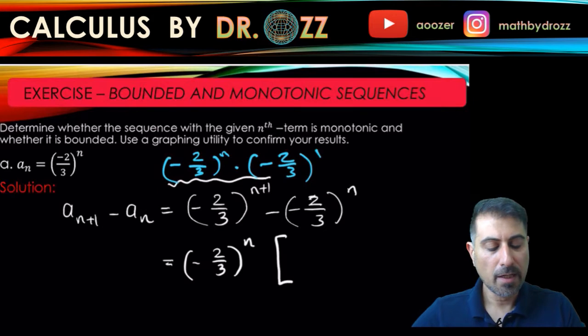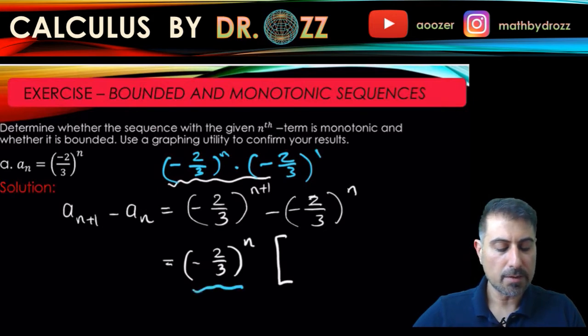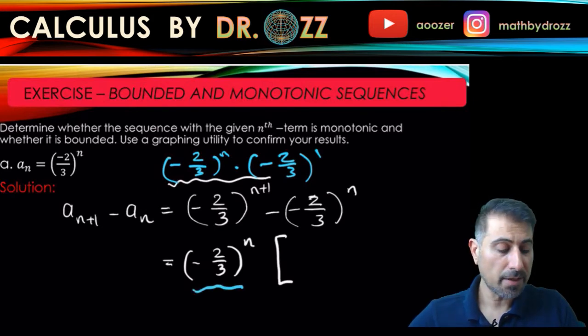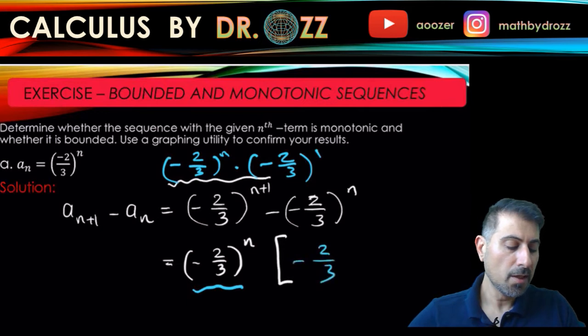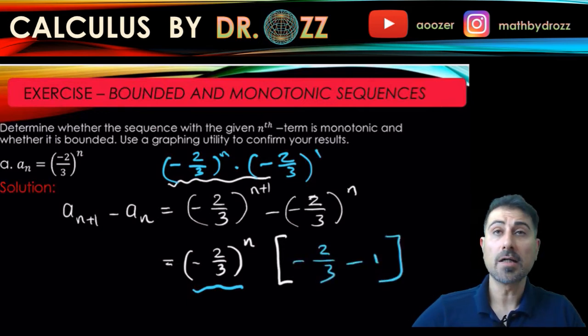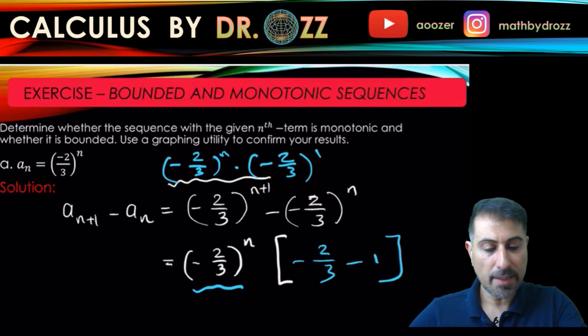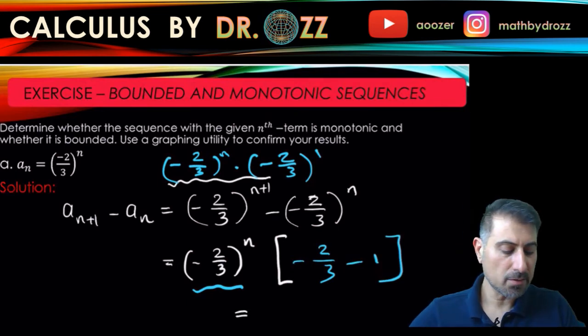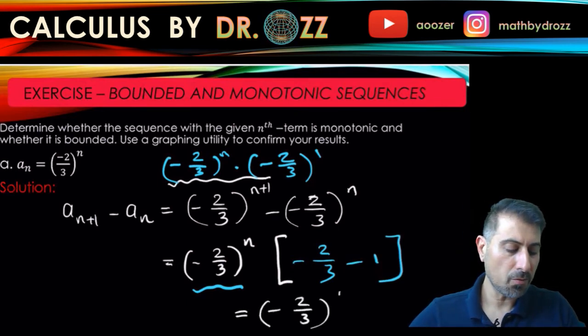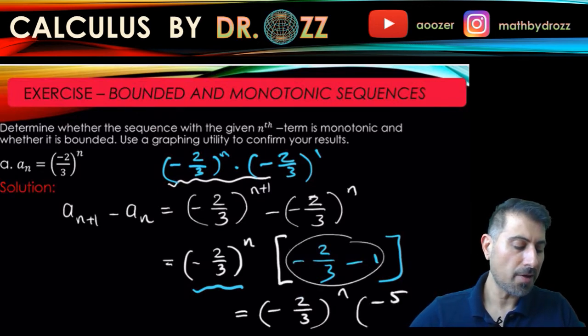So this way, this term becomes a common factor, so I have -2 over 3, -1 coming into the parentheses. So this implies that this is equal to (-2/3) to the power of n times this is adding up to -5/3.